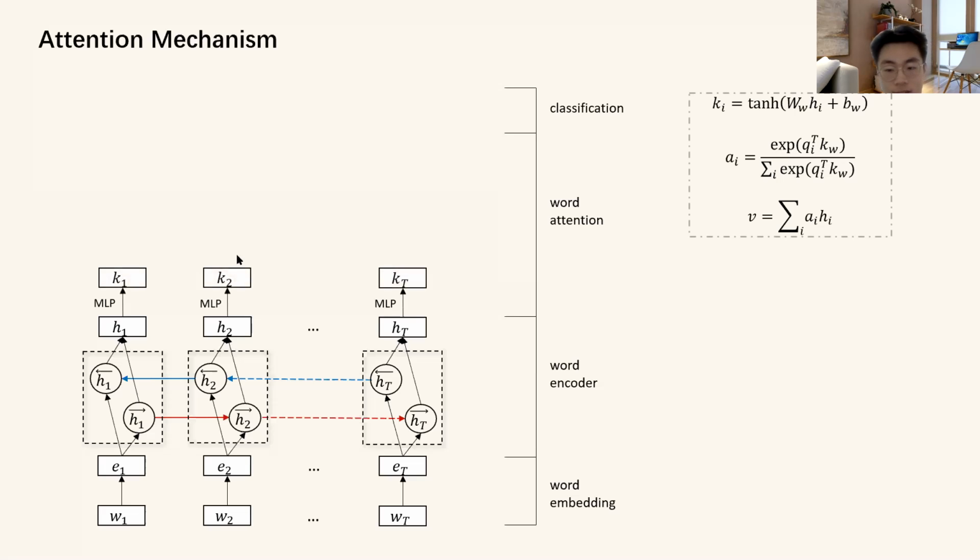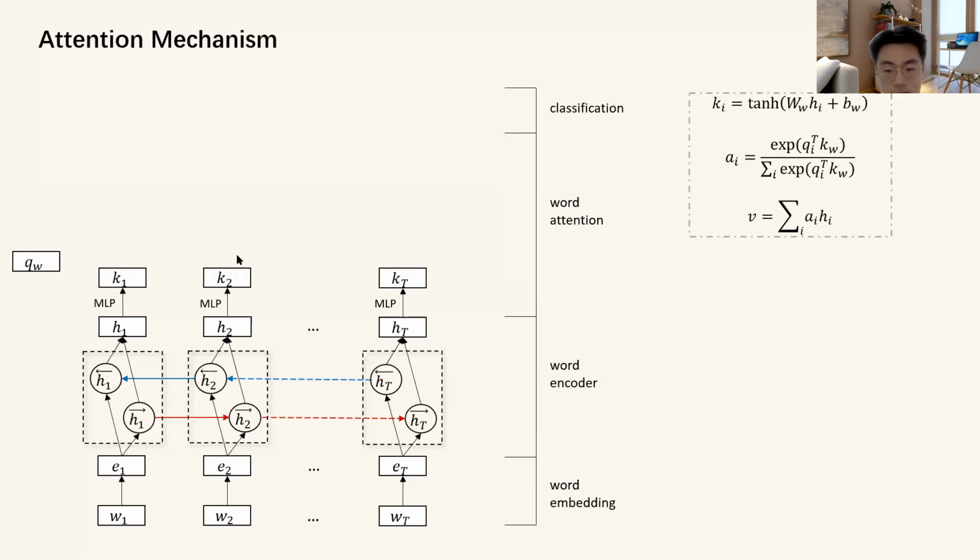First, we feed these hidden states through a one-layer MLP, which is a multi-layer perceptron with a tanh activation function to get K_i, the hidden representation of h_i.